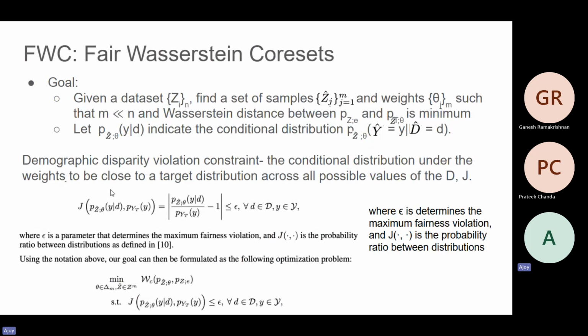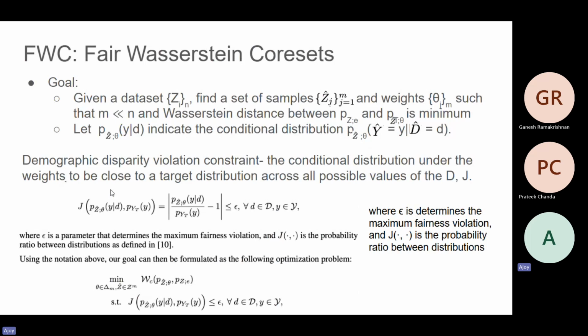So by adding this term as a constraint, less than or equal to epsilon, where epsilon is the parameter that determines the maximum fairness, the final optimization problem can be formulated as given below. So we minimize the Wasserstein distance, which ensures quality of coresets, and the constraints ensure the fairness of the coresets.